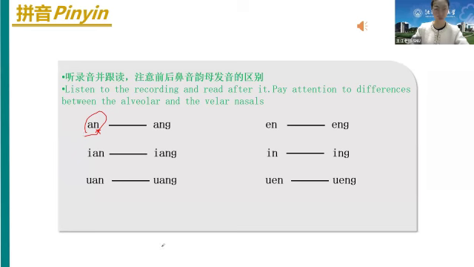And an, ang, okay. Second one, ang, but there is no g. Just open your mouth. There is no g at the end. Yes, right. Okay, go on. Yang. Read after me.